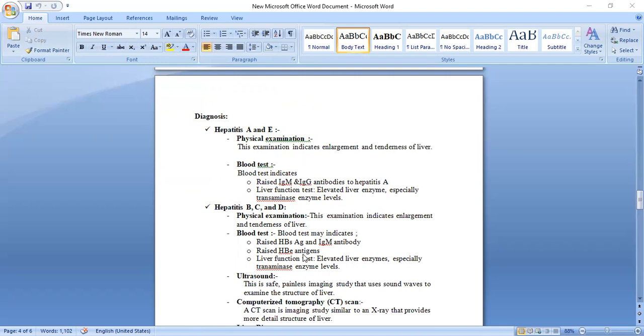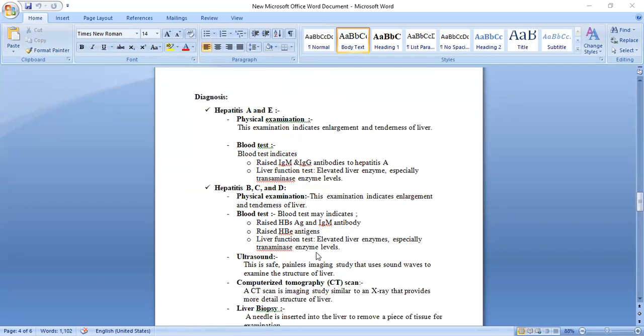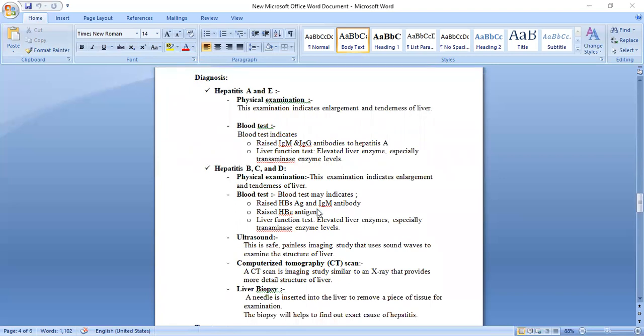Raised HBe antigens, sometimes this also will increase. Liver function test: elevated liver enzymes, especially the transaminase level is increased. A little bit is similar, but the main thing is the raised HBsAg and immunoglobulin antibodies. So these antigen levels and antibodies will be increased if we see the blood test.